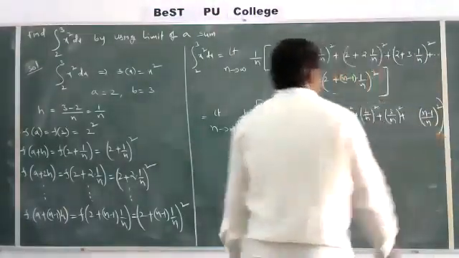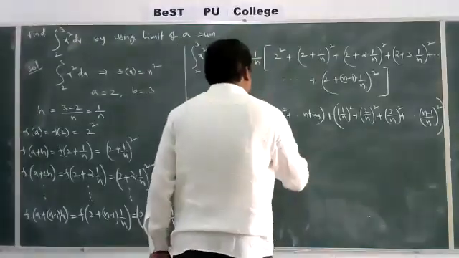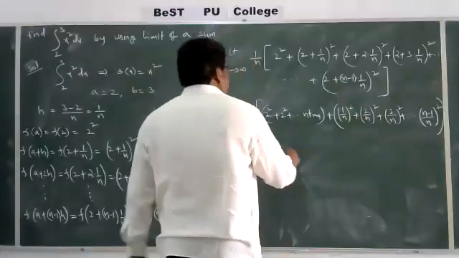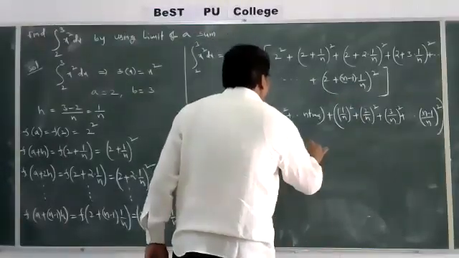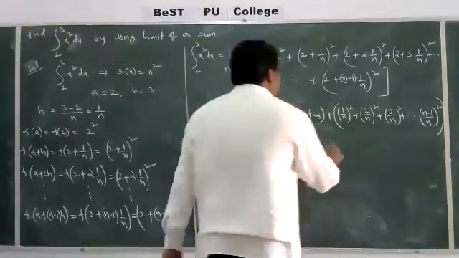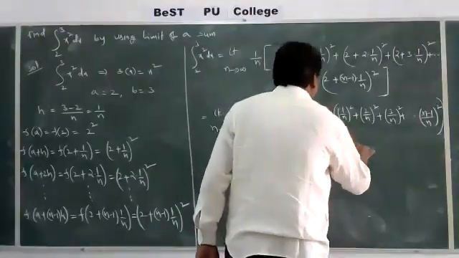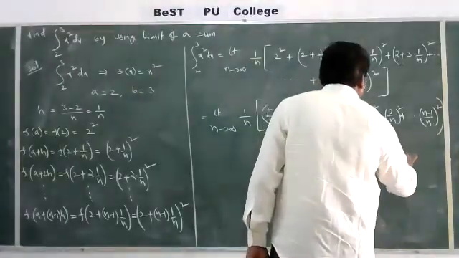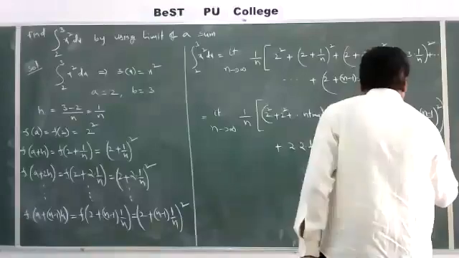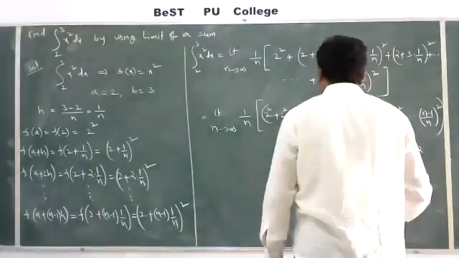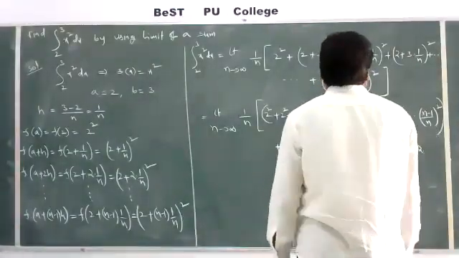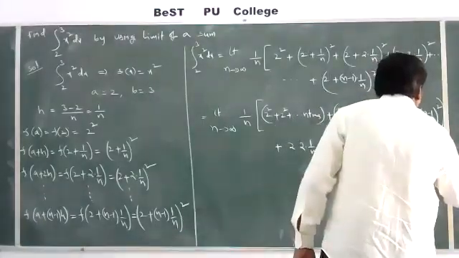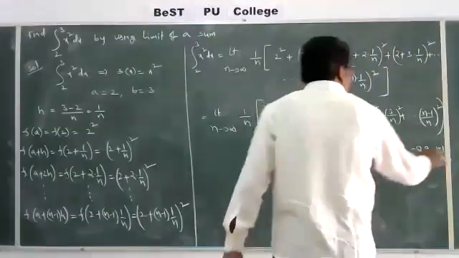This is one bracket, plus another, the 2ab terms are there. What are the 2ab terms? 2 into 1 by n plus 2 into 2 by n plus 2 into 3 by n plus and so on, 2 into (n minus 1) by n.